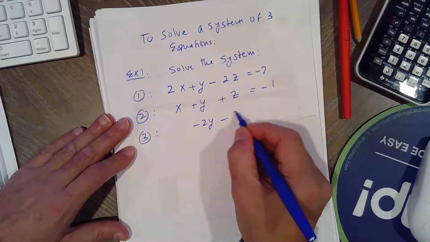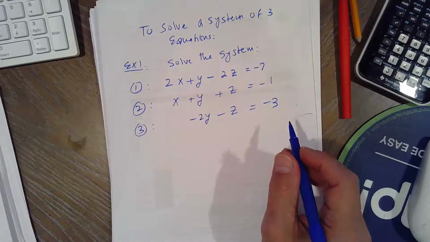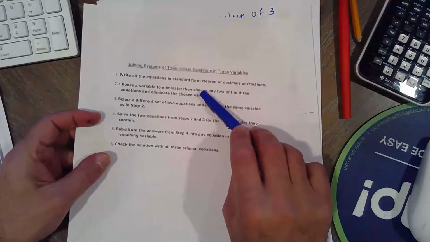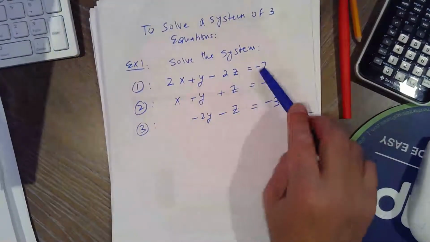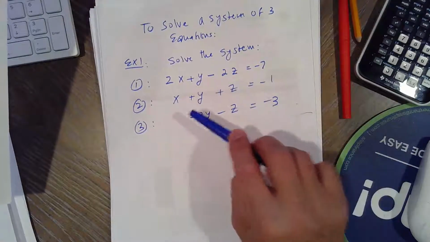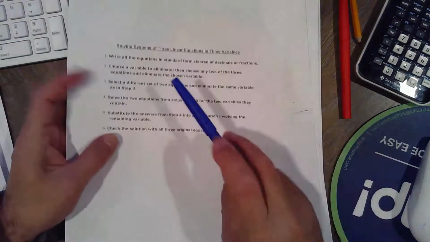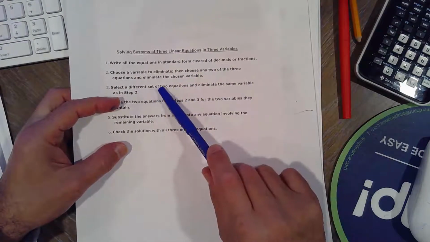So it's in the yz plane, it doesn't have an x value, okay? The first thing you want to do is write all the equations in standard form, clear of decimals or fractions. So you have xyz constant, xyz constant, 0xyz constant. That's what they mean.